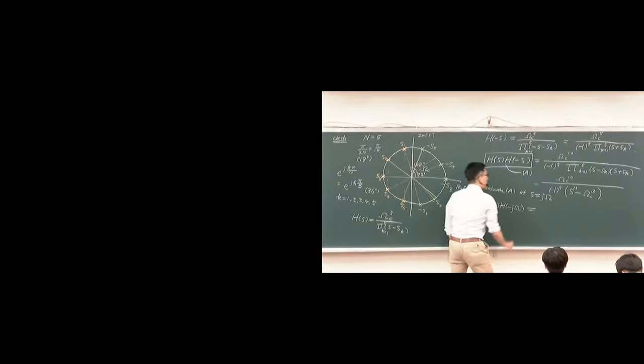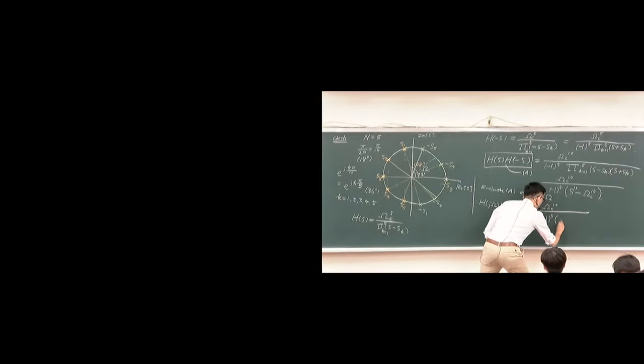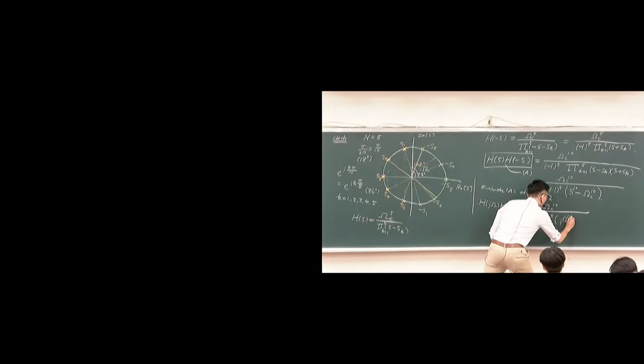Then it equals, I'm just going to copy this right here, minus 1 to the 5th power and j omega to the 10th power, divided by omega c to the 10th power. Okay?